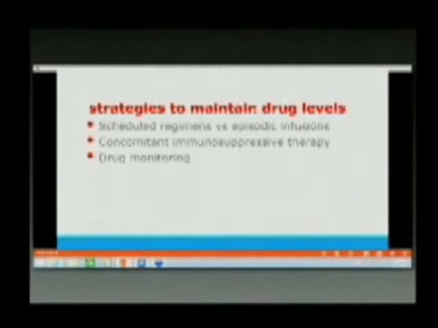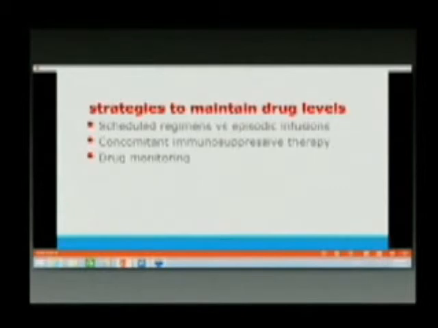Okay. So what are the strategies to maintain the drug level? We'll mention scheduled versus episodic infusions. When we were first starting to use infliximab or the other TNF agents, what was usually done was to give them episodically, meaning to say there was no maintenance therapy afterwards. And as we've always said, there are higher incidences of infusion reactions, not to mention a higher tendency to develop antibodies.